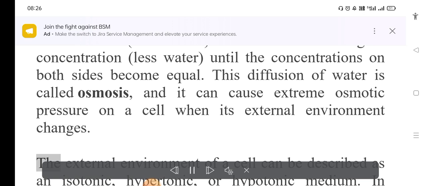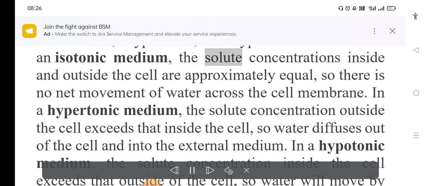The external environment of a cell can be described as an isotonic, hypertonic, or hypotonic medium. In an isotonic medium, the solute concentrations inside and outside the cell are approximately equal, so there is no net movement of water across the cell membrane. In a hypertonic medium, the solute concentration outside the cell exceeds that inside the cell, so water diffuses out of the cell and into the external medium.